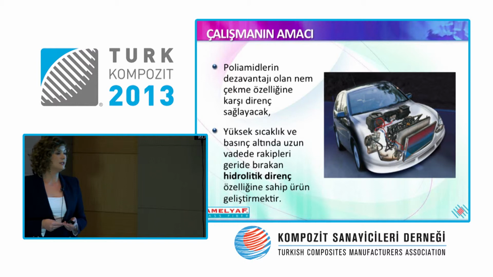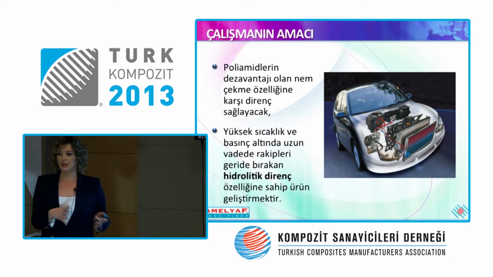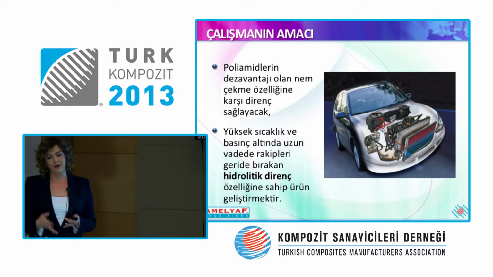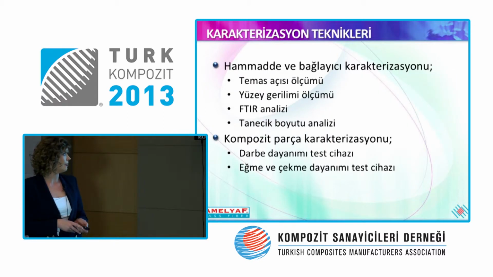It's going to enable a resistance for being hydrolytic, and it's going to overcome the competition. This is most commonly used in the automotive industry, especially for radiators and those other parts that are subject to high degrees of temperature and pressure at the same time.